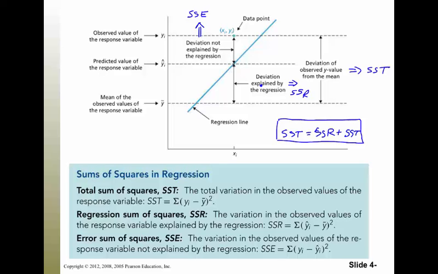Just the mean is predicting. But the further the mean is from our regression line, the more we see that the deviation is explained by the regression, or that the response variable is responding strongly to the predictor. And then the difference of the data point from the regression line is not explained by the regression. It's just explained by the spread of the data.